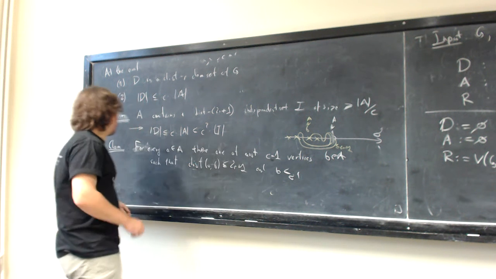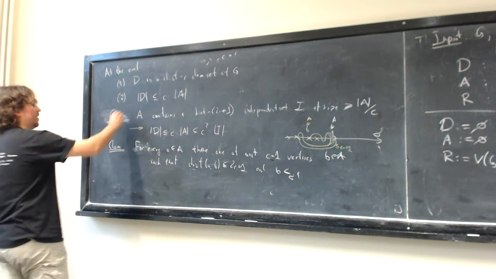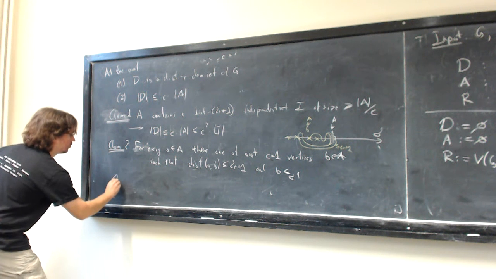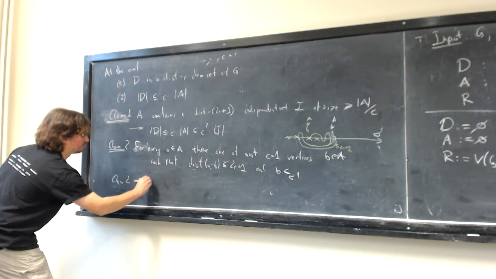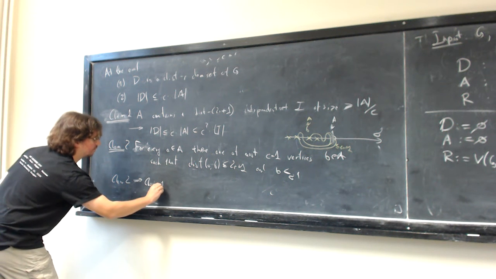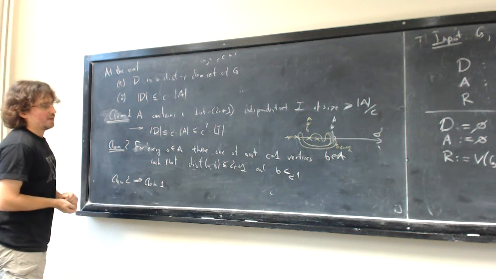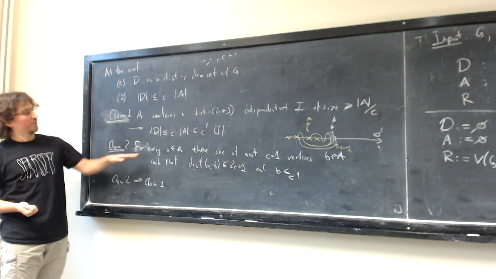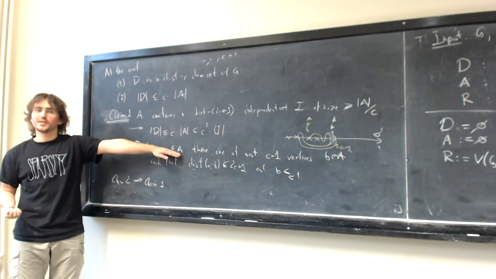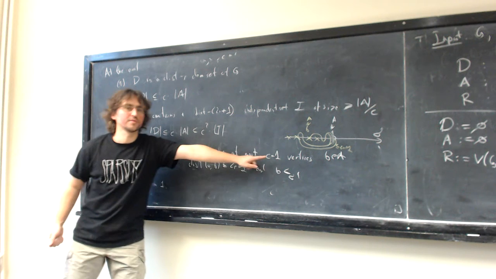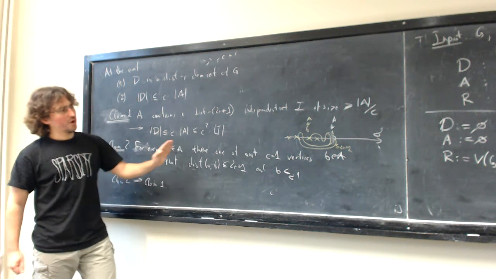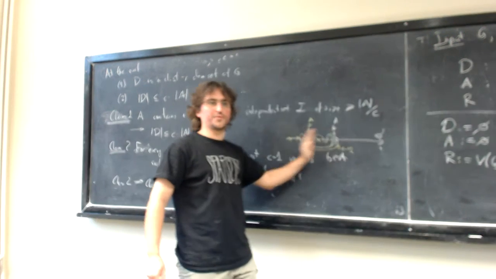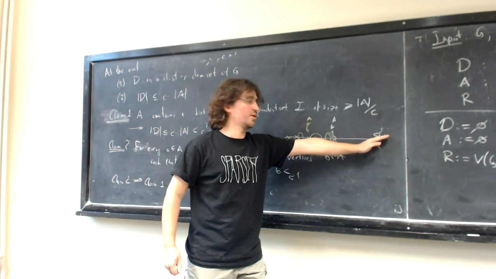Okay, so now why does claim 2 imply claim 1? Well, we can do a greedy coloring. Let's take A and color it with C colors, greedily, so that I'm coloring vertices of A from left to right in the ordering sigma.